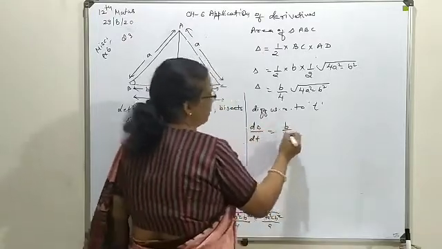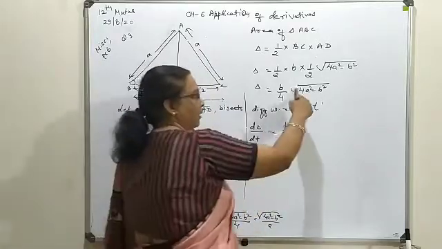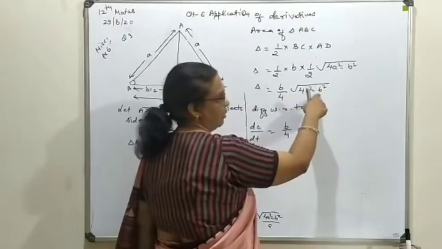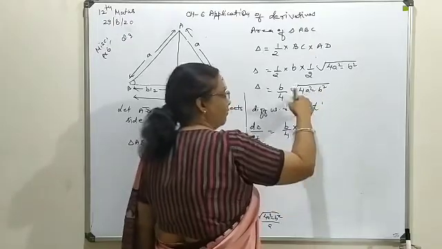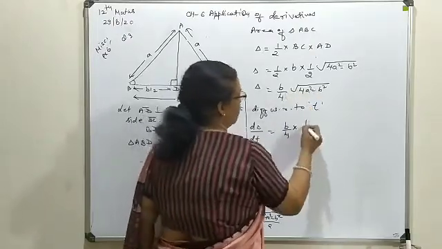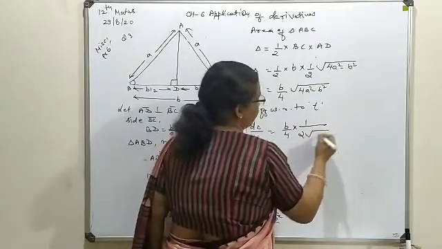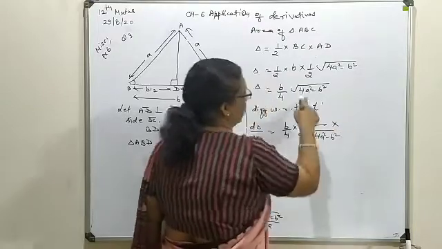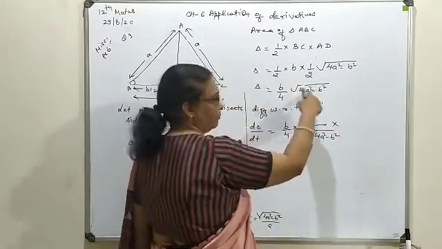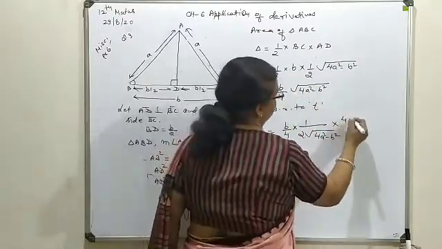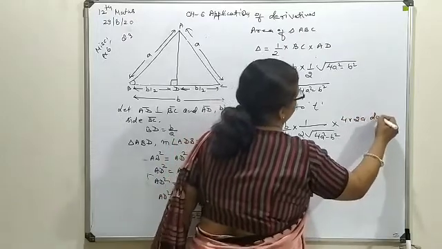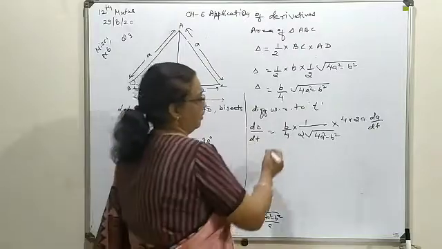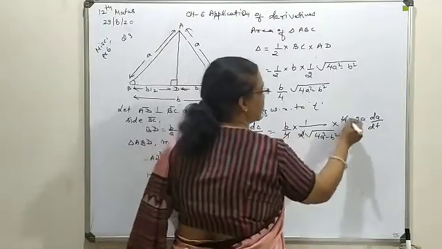B is constant, so B by 4 you keep as such. This is a variable term in which 4 is also a constant, and B is also a constant. So first of all, differentiate with respect to this square root. So it is 1 by 2 root of 4A square minus B square. Further, A is a variable, so it will give you the differentiation as 4 into 2A dA by dt. Now try to simplify. Here 4 and 2, this 4 and 2 cancel.